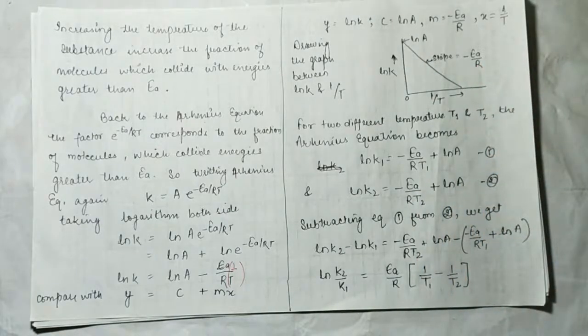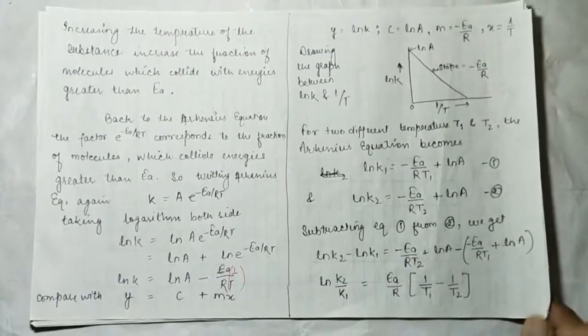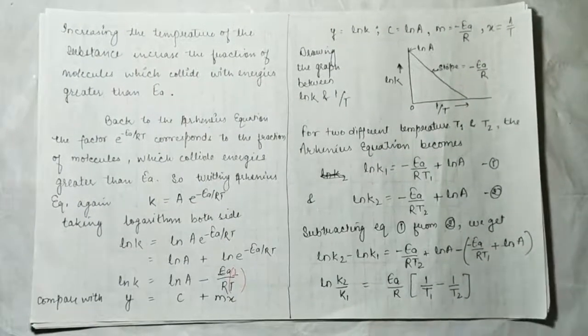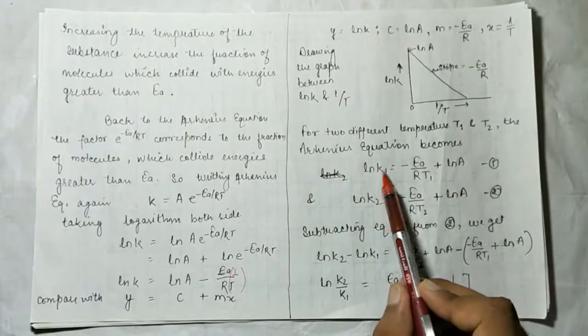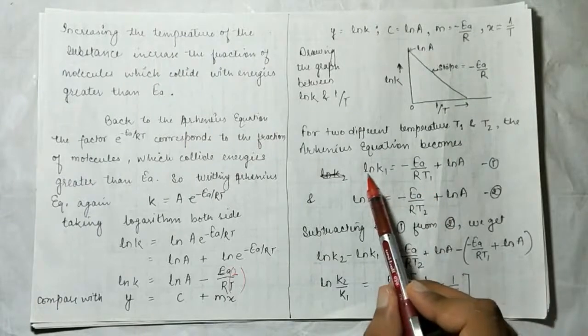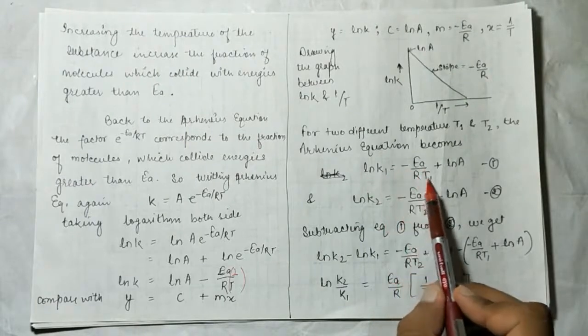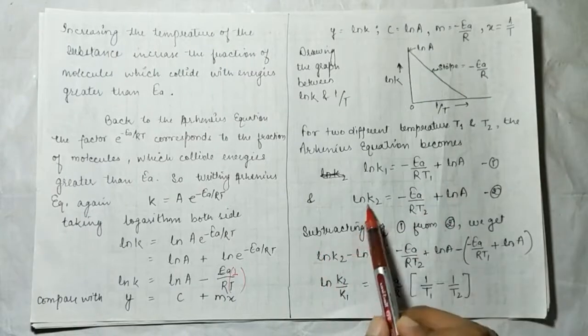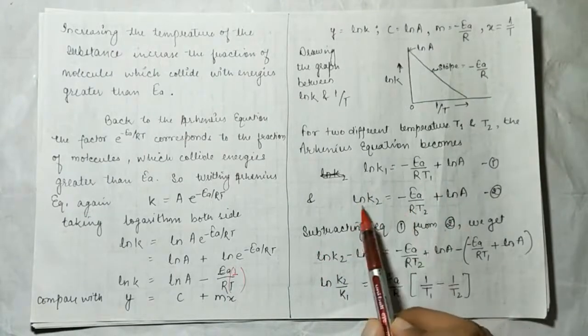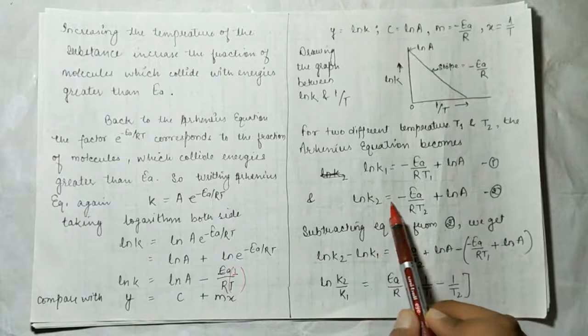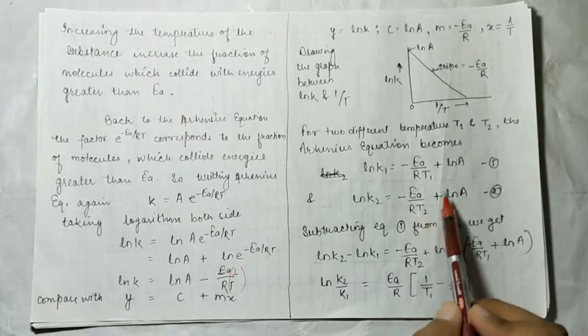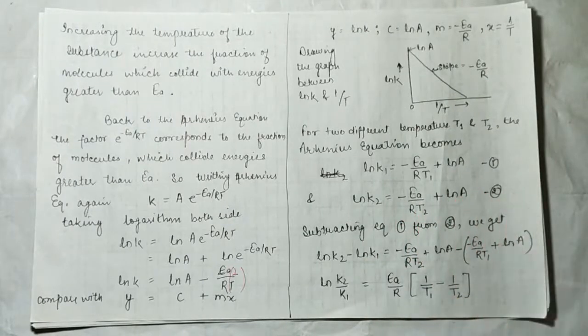Then, if two different temperatures are given, like recently we have seen that one temperature was T and another was T+10, then we use the Arrhenius equation as follows. For the first temperature T1, ln k1 is equal to minus Ea upon RT1 plus ln A. For the second temperature T2, ln k2 is equal to minus Ea upon RT2 plus ln A. This is the second equation.